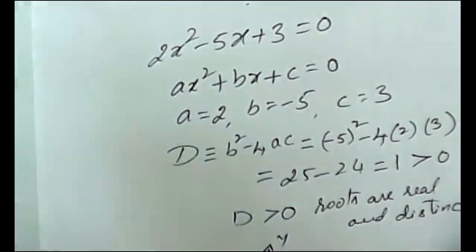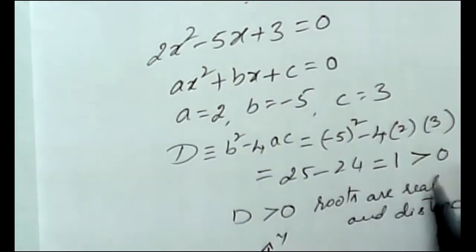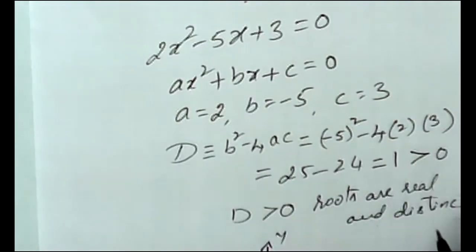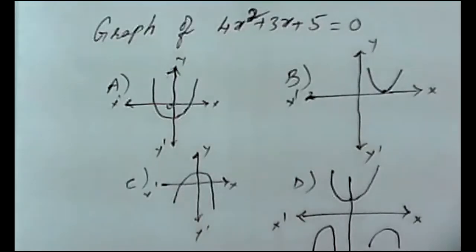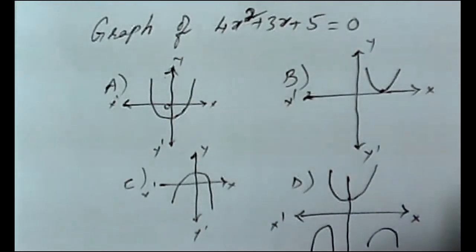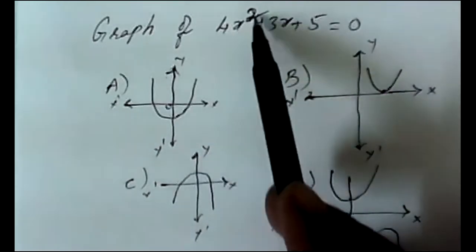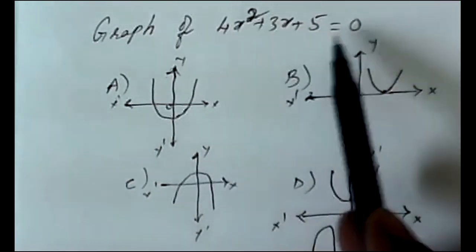So first find out the discriminant. If it is greater than 0, it has two roots which are real and distinct, so 2 points on x-axis. That's what we have to take. In objective, we will get the question that which of the following will represent the graph of 4x square plus 3x plus 5 is equal to 0.